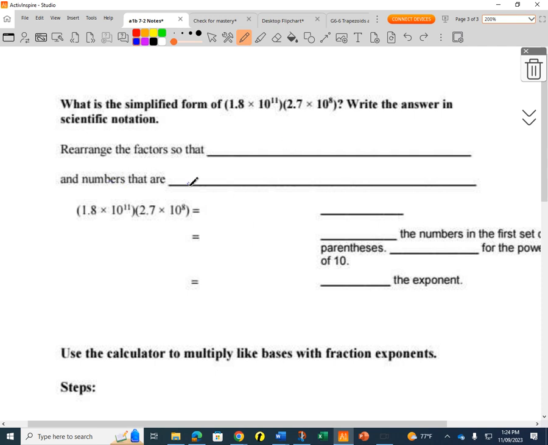The first thing that we're going to do is rearrange the factors so that the numbers without the powers of 10 are grouped, and the numbers that are powers of 10 are grouped, and I'm going to show you what that means.